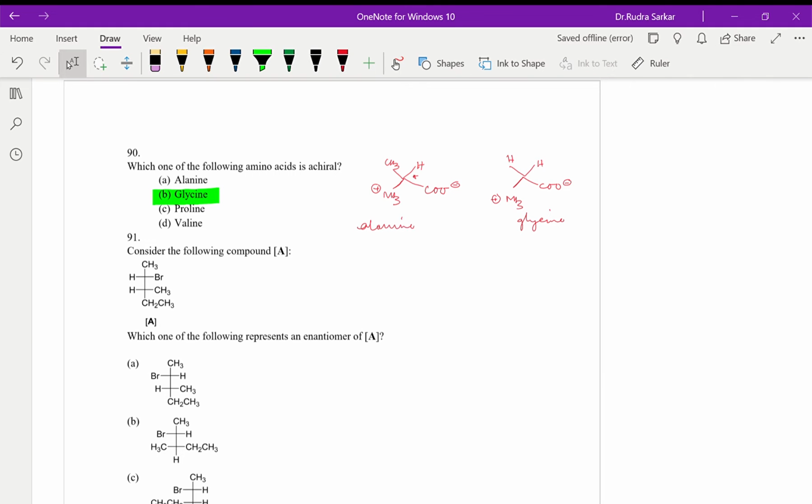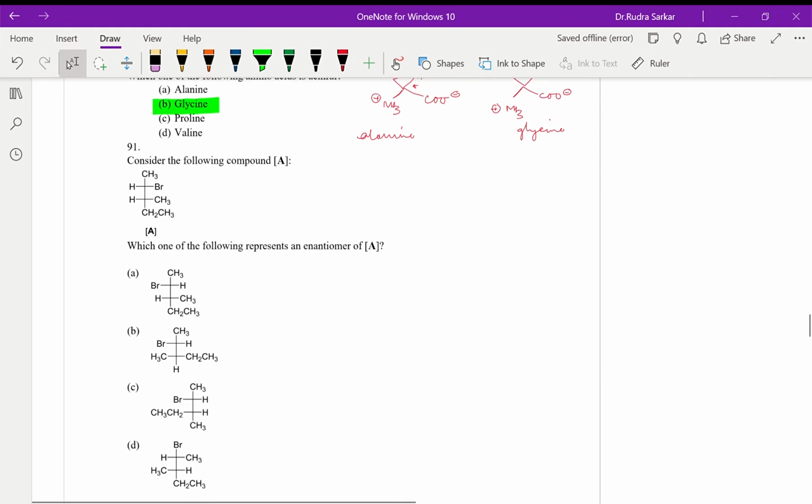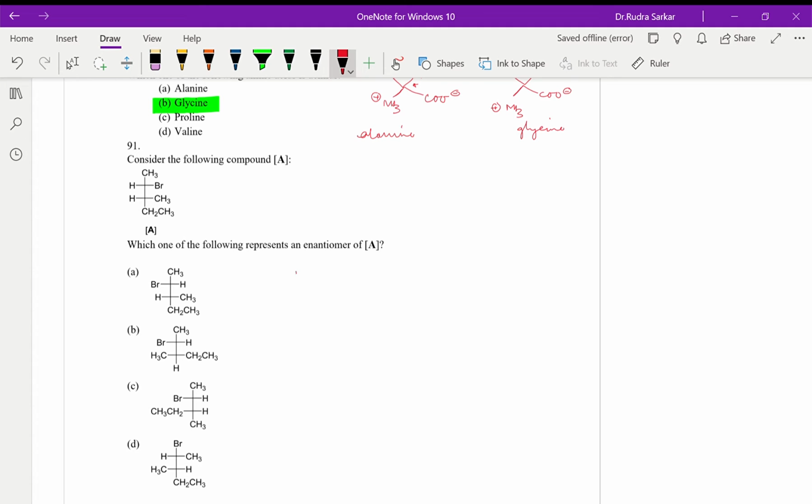So if we check, let us write the molecule A just next to the molecule in option A. So it is CH3, there is a Br, there is a H, there is a CH3, there is CH2, CH3, and this is H. Now over here, just understand, stereochemistry of this carbon and that carbon matches.